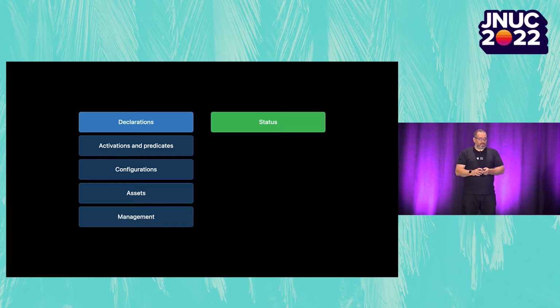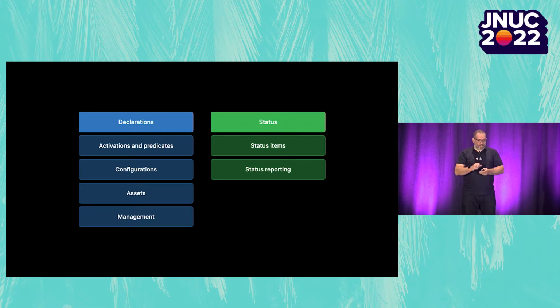Configurations and assets let IT define correct settings and content devices should have, while management declarations specify what state the device is in and what's possible from the server. With a new status channel, the device can proactively update its server with new information about itself. And extensibility is built into the protocol, ensuring that DDM is built for the present and the future.